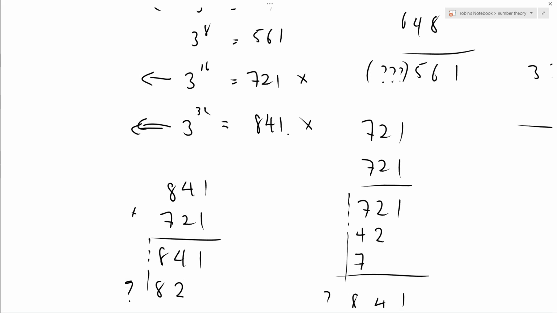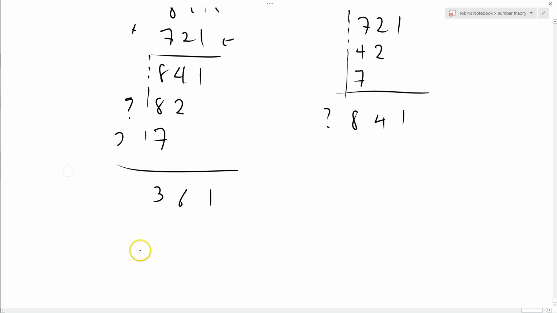That was 841 times 721, so that's 3 to the power 32 plus 16, which is 48. So 3 to the power 48 equals 361.